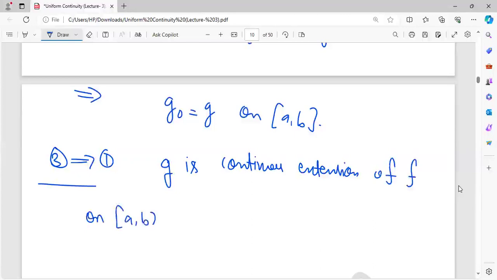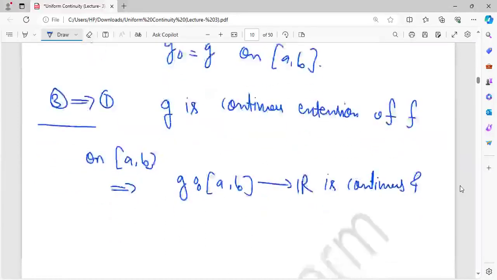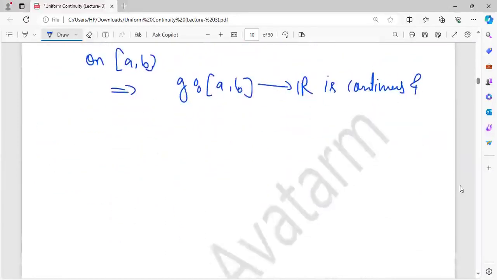So it means G from AB to R is continuous, and the restriction of G on open AB is nothing but F. We know that every continuous function on a closed interval is uniformly continuous.